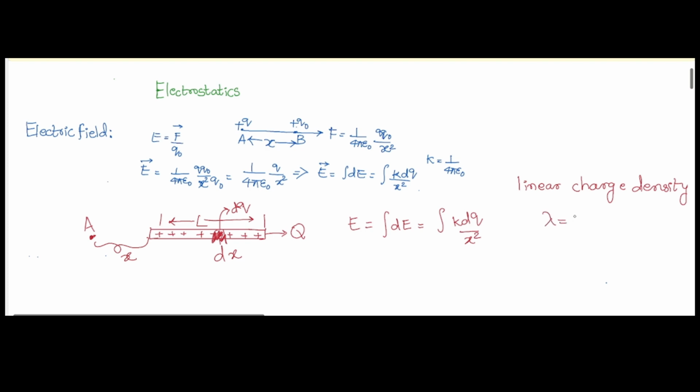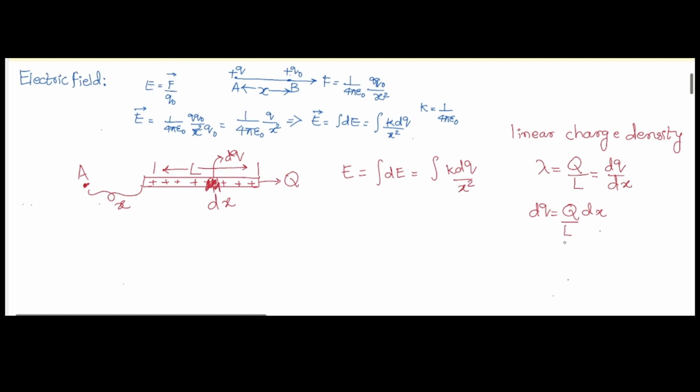Lambda is equal to q by L. This q by L is also equal to dq by dx. So dq is equal to q by L into dx. Now we will substitute it here.